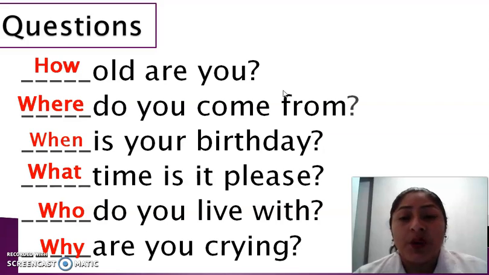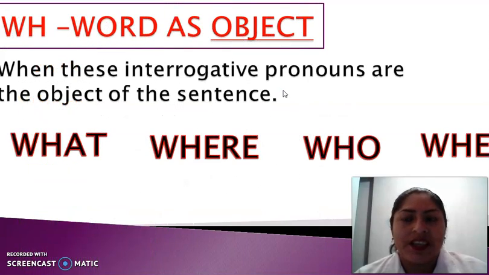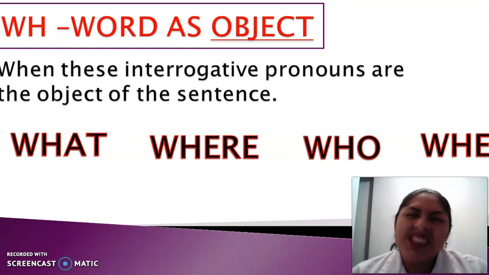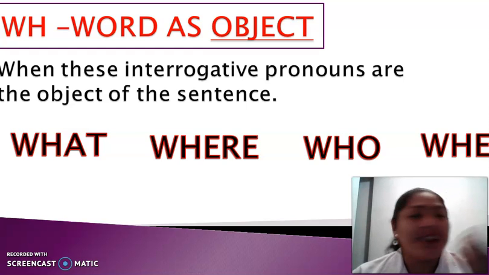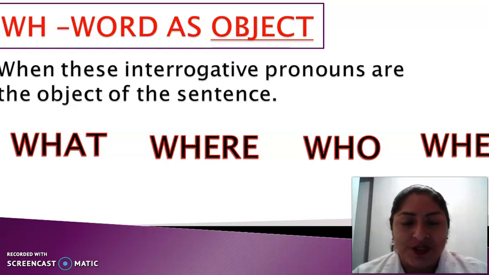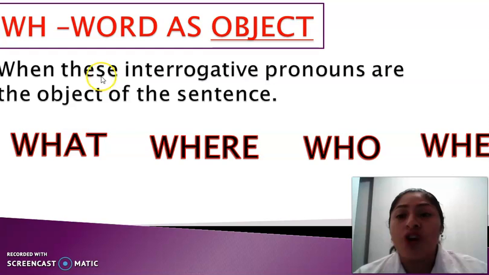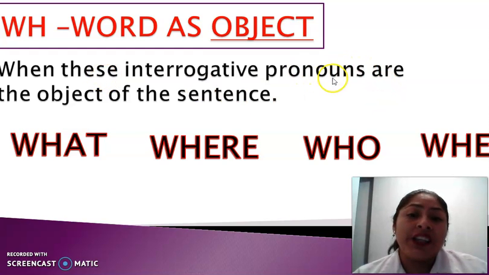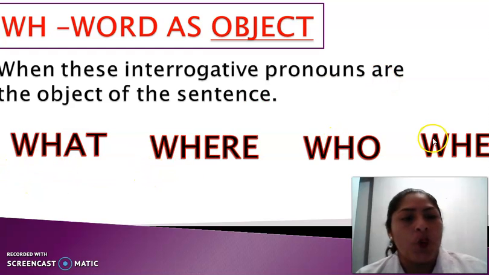So here we continue with WH word as an object. Means what is it? It's the normal questions, okay? As you know, all right? So, when these interrogative pronouns are the object of the sentences, we use what, where, who, when, okay?